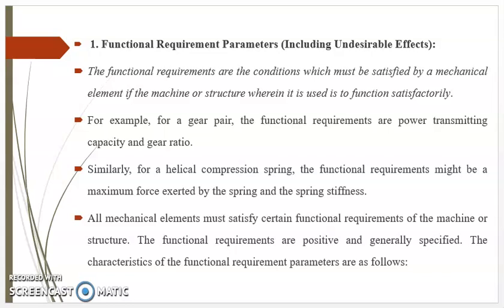For example, for a gear pair, the functional requirements are power transmitting capacity and gear ratio. Similarly, for a helical compression spring, the functional requirements might be a maximum force exerted by the spring and the spring stiffness. All mechanical elements must satisfy certain functional requirements of the machine or structure.